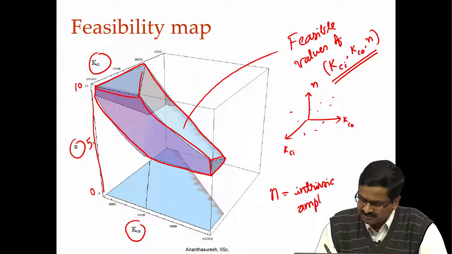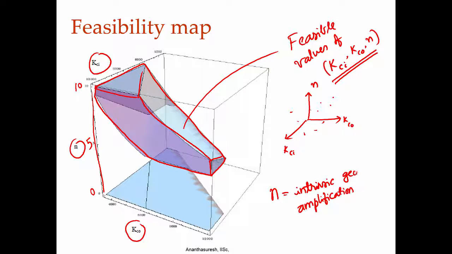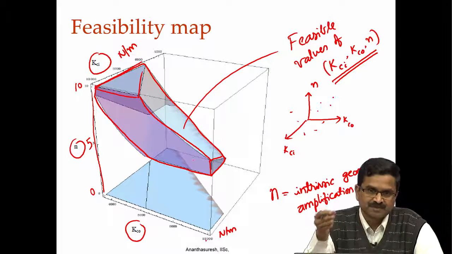that is what we call N, intrinsic amplification. It is merely kinematic or geometric amplification. We can see the range, that is entirely a consequence of the user specifications, or also in this particular case whatever the units they are, this needs to be 10,000 here, that could be let us say Newton meter, same thing here 4,000 for KCI, and we can see that range for the feasible map and then say, oh, this is how stiff the compliant mechanism should be for the specification that the user has.